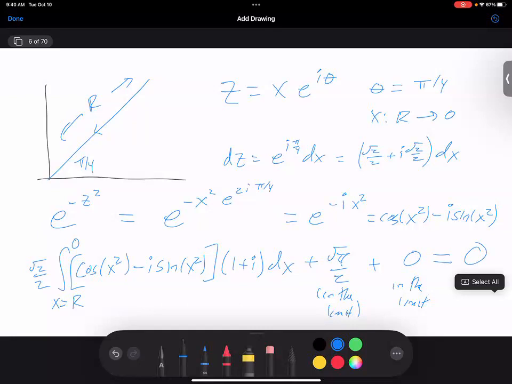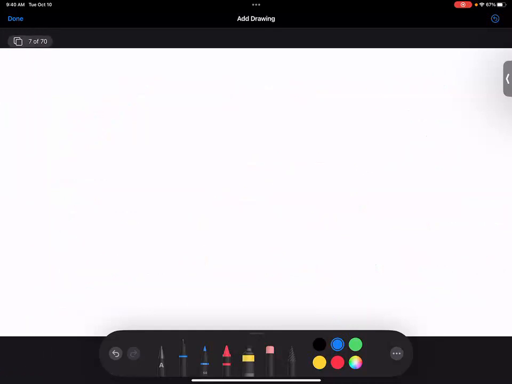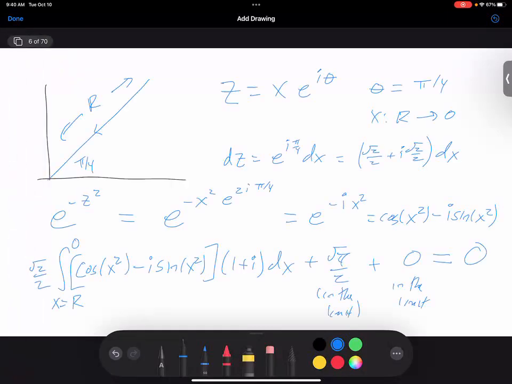Now, what's interesting is, we can expand things out a little bit. So we have root 2 over 2 times the integral. I'm going to switch the order of integration, which gives me a negative sign, so I'm going to bring it over to the other side so the negative sign is gone.